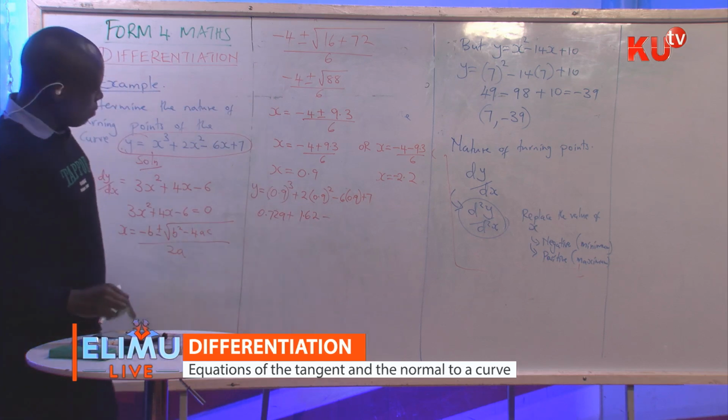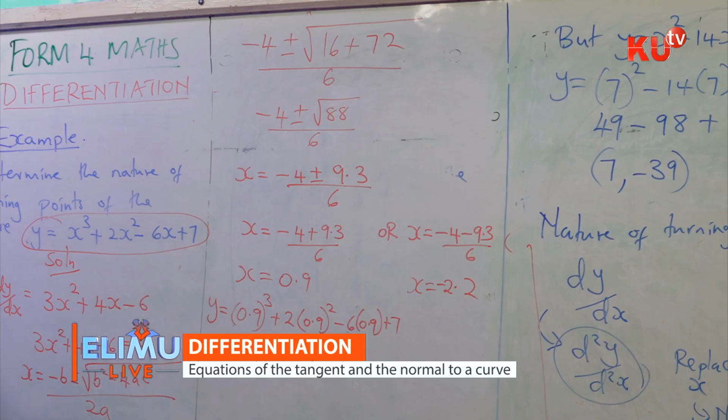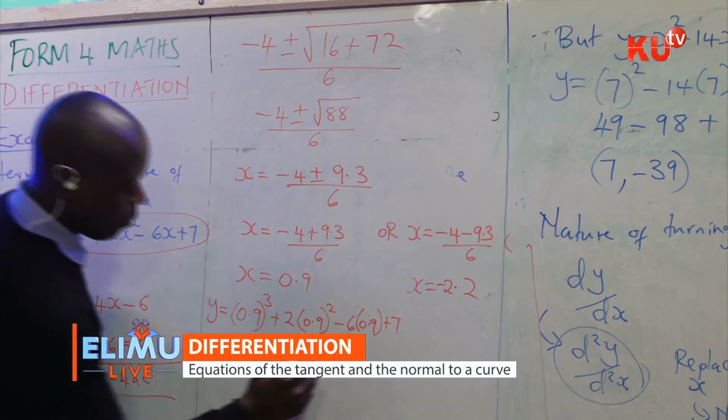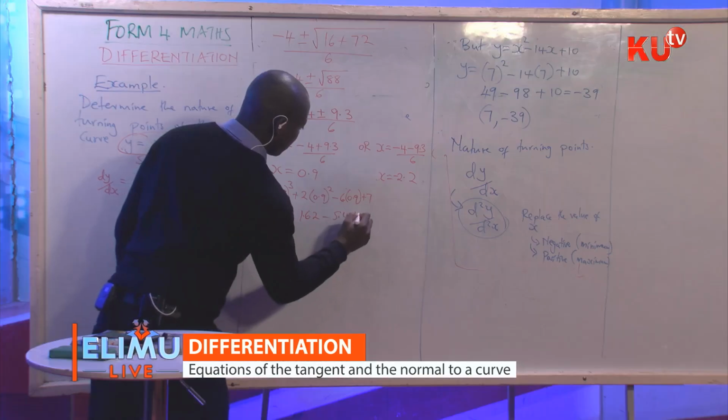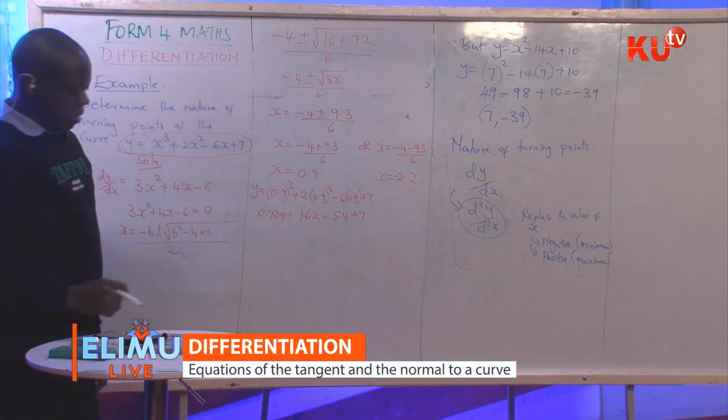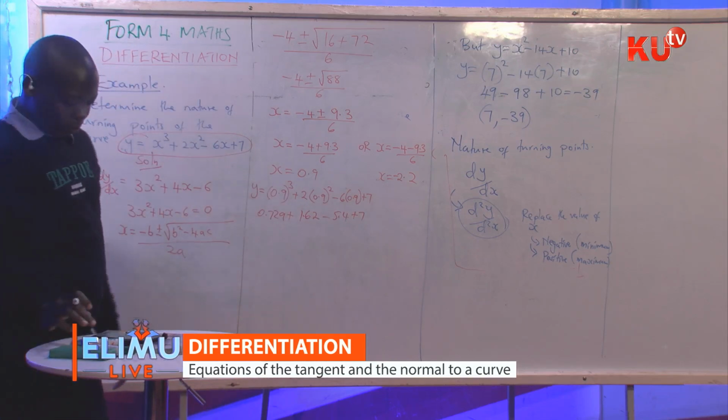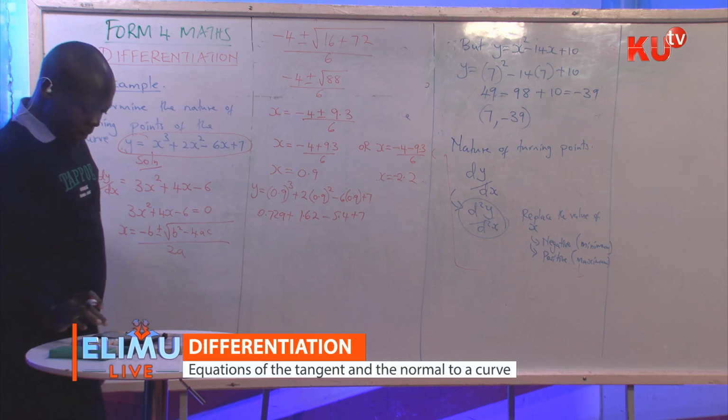We less 6 times 0.9, that is 5.4, plus 7.